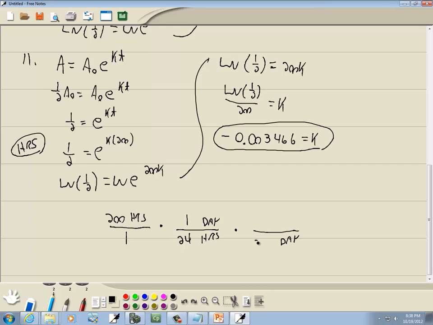And ignoring leap year, we got 365 days in 1 year. So the hours would cancel those hours, the days would cancel these days. Multiply the top part together, and we got 200 over 24 times 365, whatever that is, years. So that would be our t in years if they did want that.